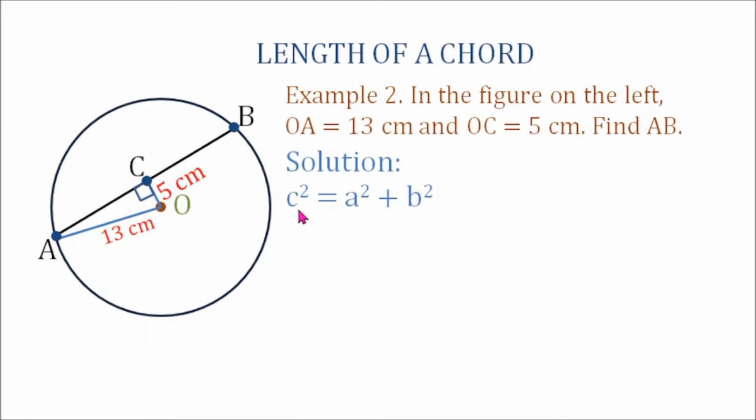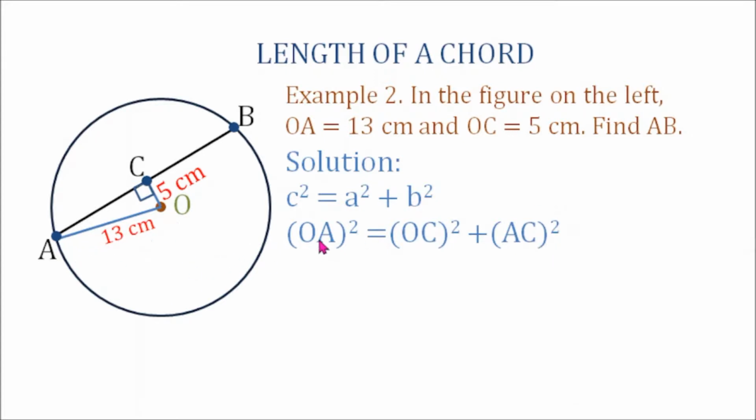So our hypotenuse here is OA, and we can assign OC as our A and AC as our B. So we have the quantity OA squared equals the quantity OC squared plus the quantity AC squared.